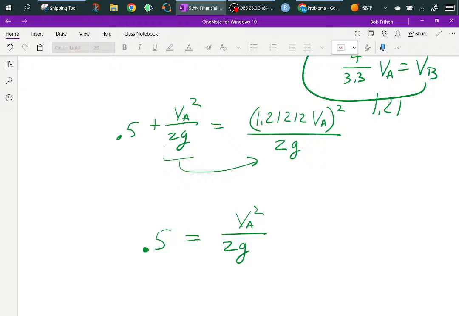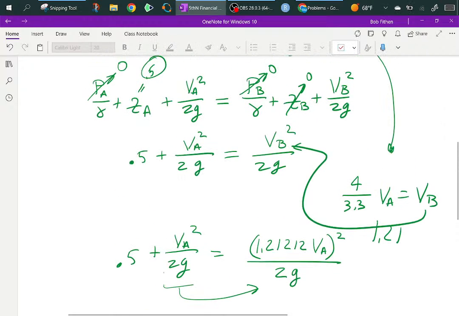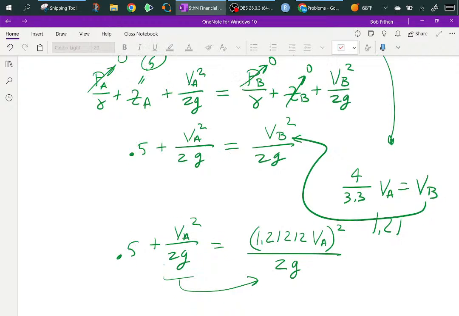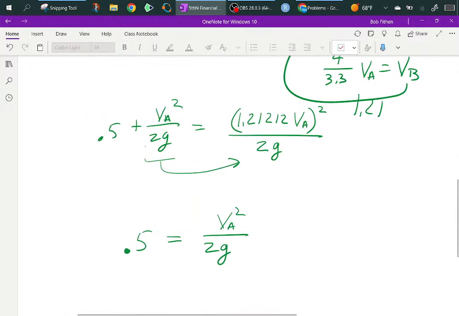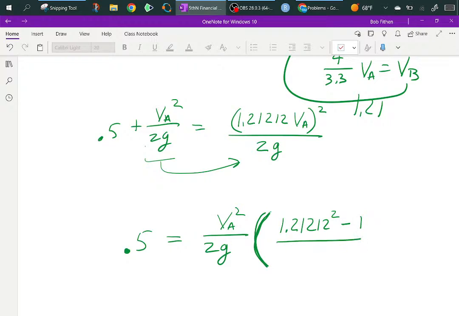Now something's bothering me here. Did I do that backwards? Something's really bothering me, so I'll move that over. Okay, 1.21, and then it's 2 and 2G, like that. 1.21212121.